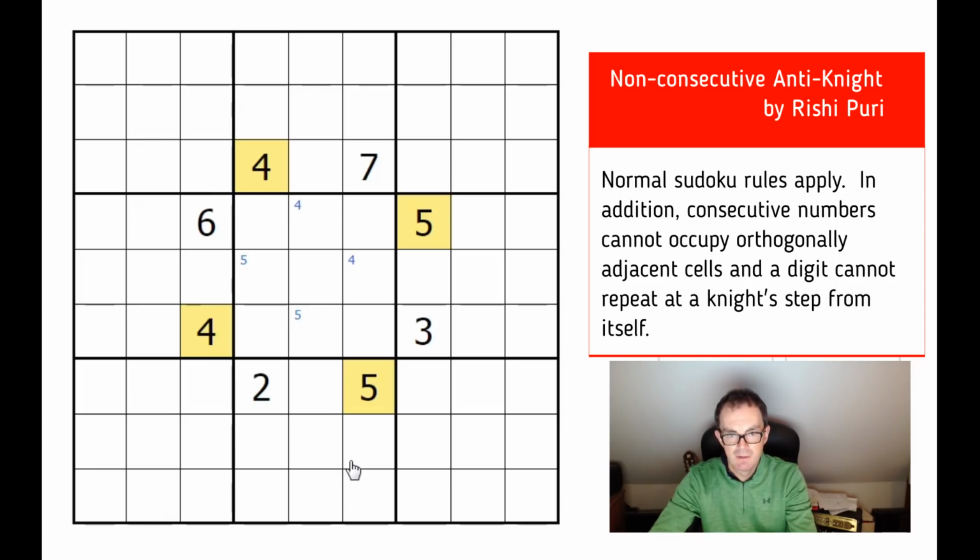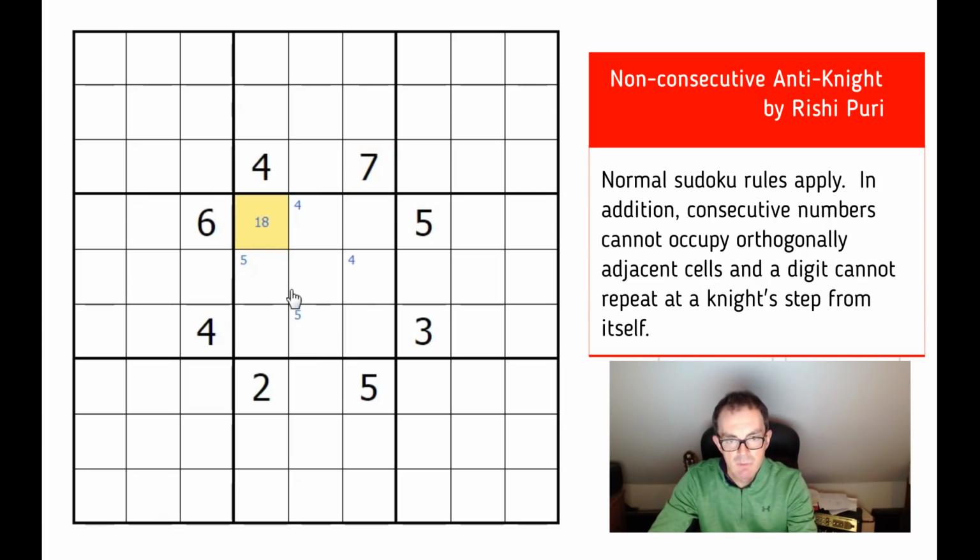So I think we're going to have to look at these 4 squares then, because these squares are going to be restricted by the consecutive condition. So let's take a look at this one. So this can be 1, it can't be 2, it can't be 3 because that's consecutive with 4, it can't be 4, 5, 6 or 7 because of the knight's move.